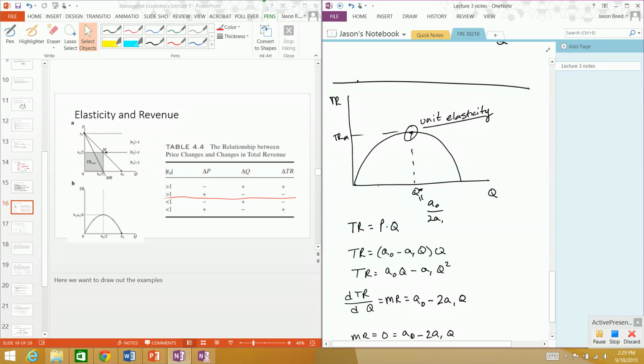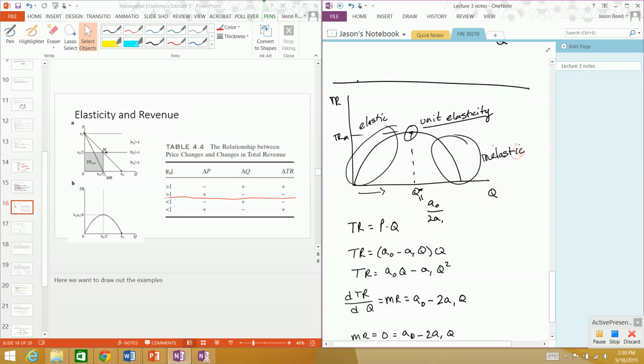If quantity is rising on this side, that tells us we're at higher prices, and so this side of total revenue would be more elastic, whereas this side of the total revenue curve corresponds to the more inelastic component.